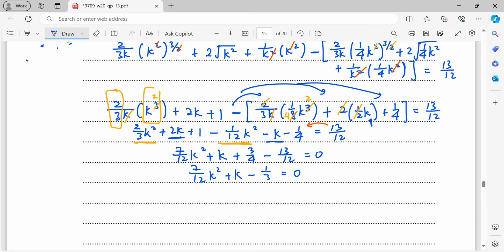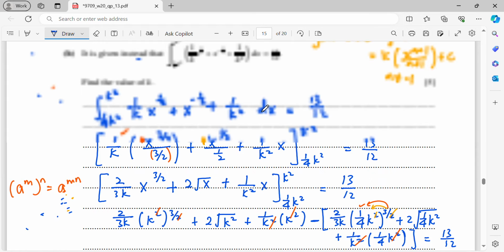Okay, let me check first. Right, correct. Negative 1 over 3. So from here, I will times the whole equation by 12. So when you times, that is 7k squared plus 12k. So negative 1 over 3 times 12 is negative 4.